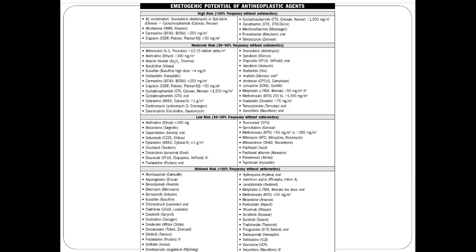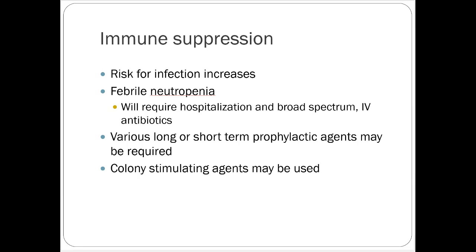From a standpoint of how you decide what to give people, there's a lot of published literature out there, and pretty well-respected guidelines: if they're high risk, you would give these agents. If it's moderate risk, you'd give these. I'm not going to expect you to know that, and I'm not going to go into detail beyond what I just said, but I wanted to point it out because it is a big part of treating chemotherapy. Remember, almost all the drugs we talked about cause nausea and vomiting, so you have to have some sort of solution in mind for that.